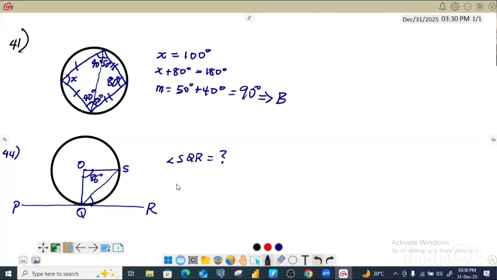But before finding SQR, we can find angle OQS. What will be the value of angle OQS?